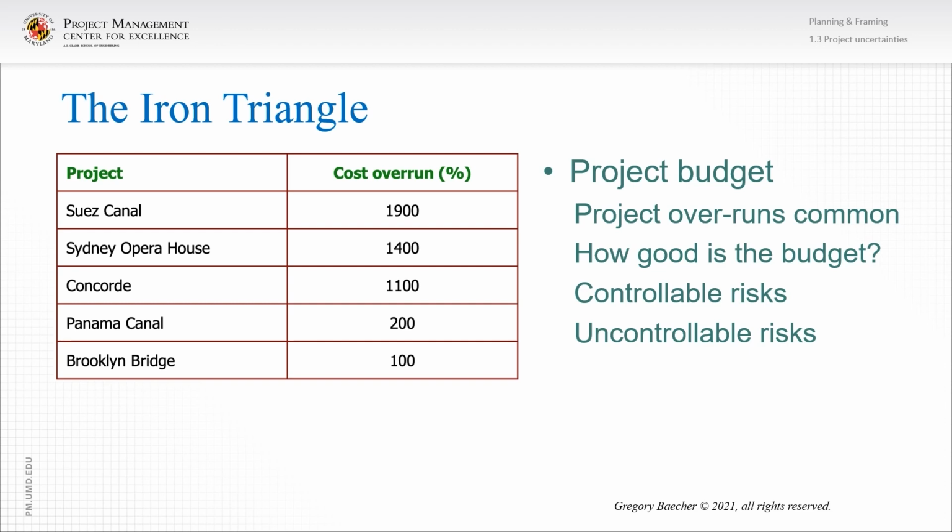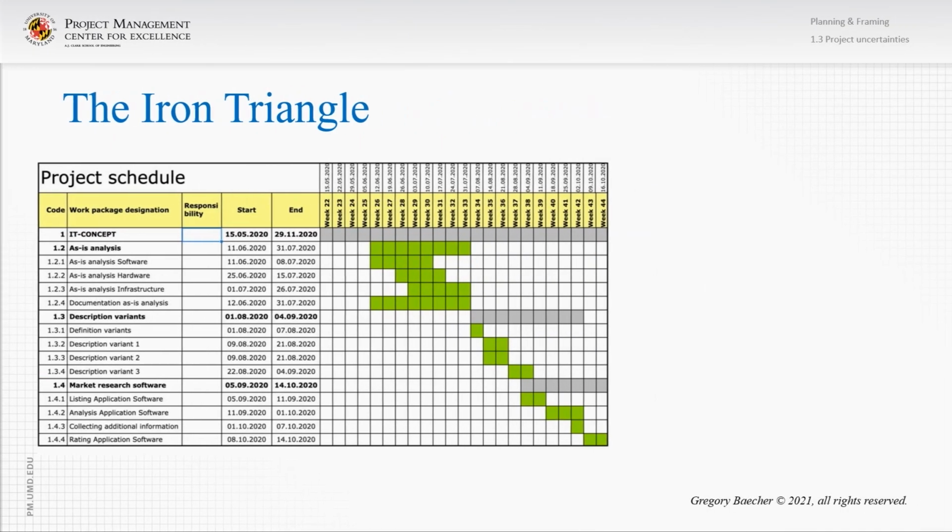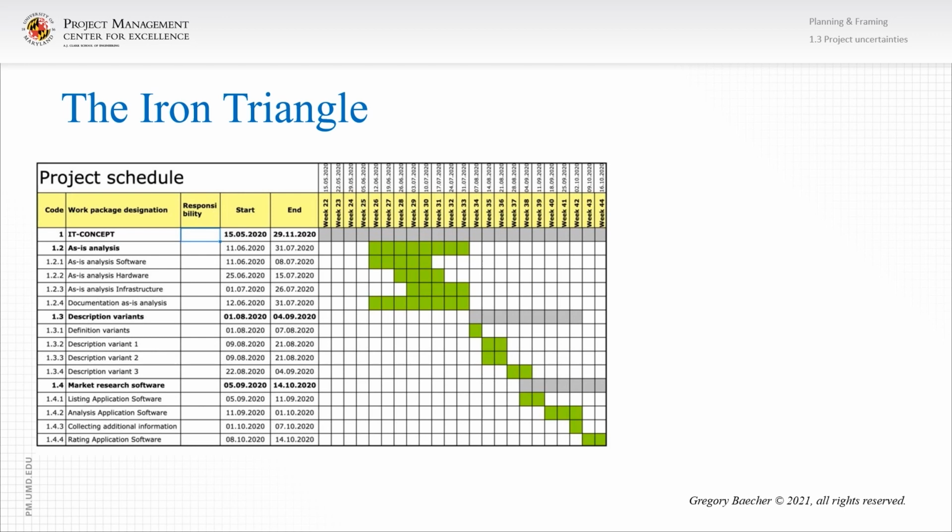Controllable risks, that is, risks that are within the purview of the project manager to control and manage, and uncontrollable risks, for example, exchange rate fluctuations, market conditions, climate impacts, risks that are not within the control of the project manager.